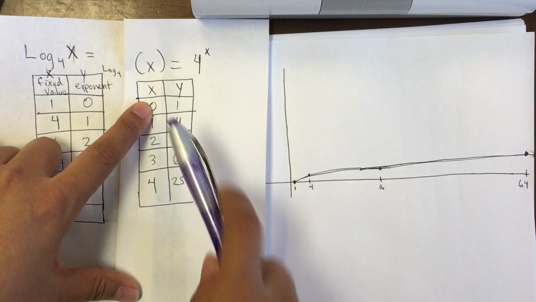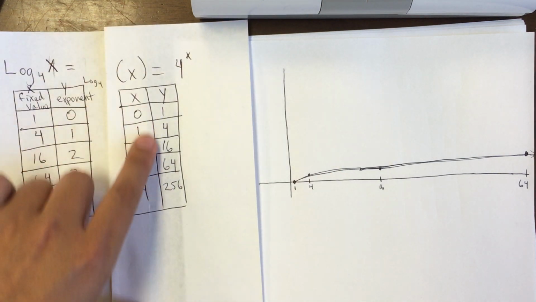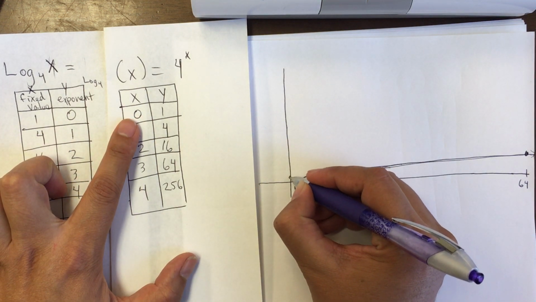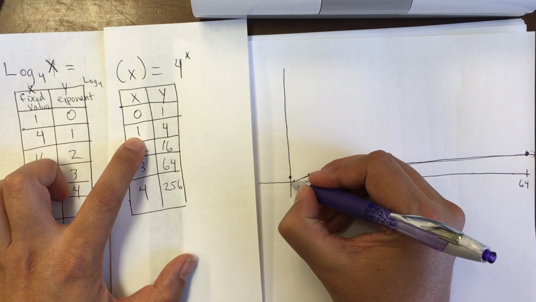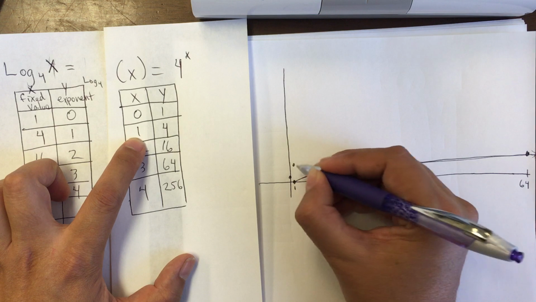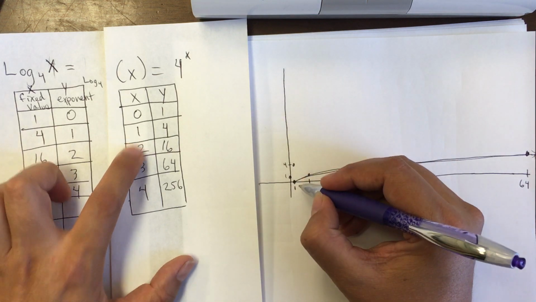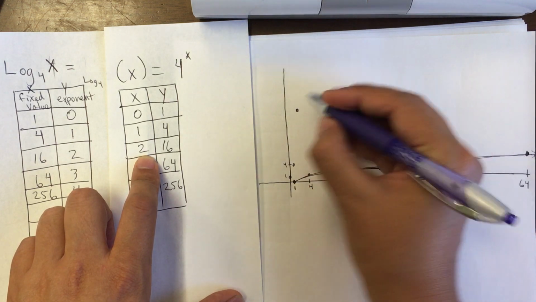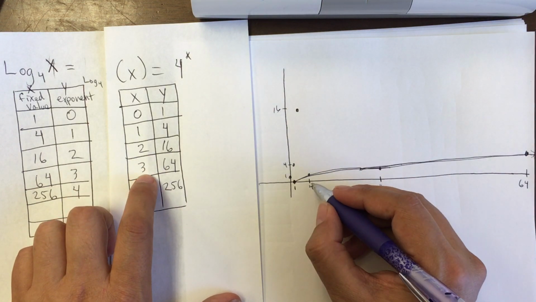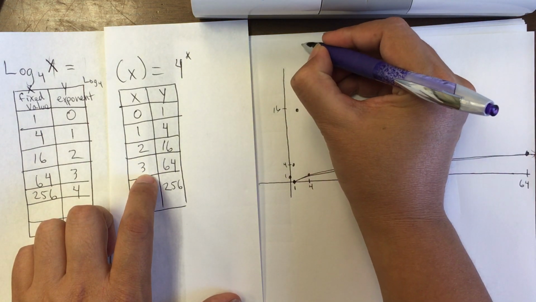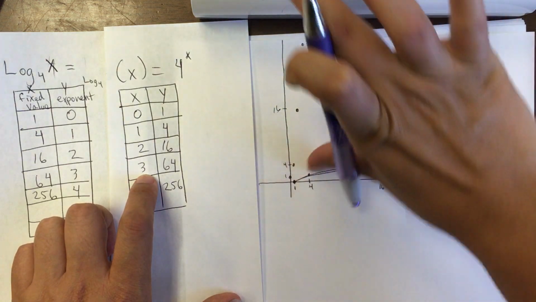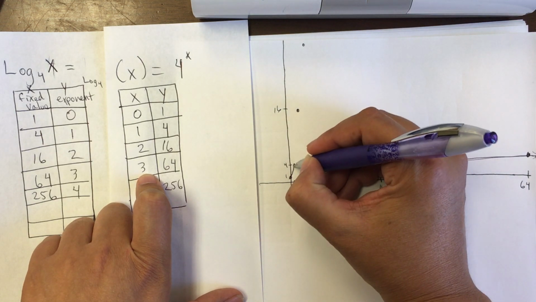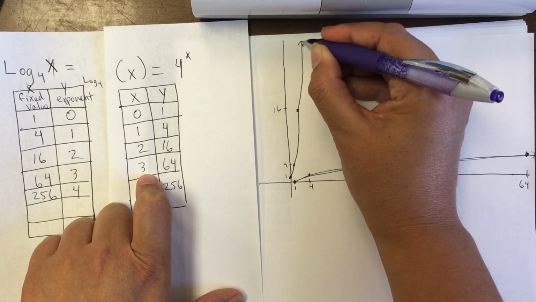Okay, now for the power with base 4, we have 0, 1, so 0, 1, 1, 4, so 1, 4, something like here, and then 2, 16, so maybe around here, 3, 64, and that should be higher up, but again, it's just a sketch, and so my graph would be something like this.